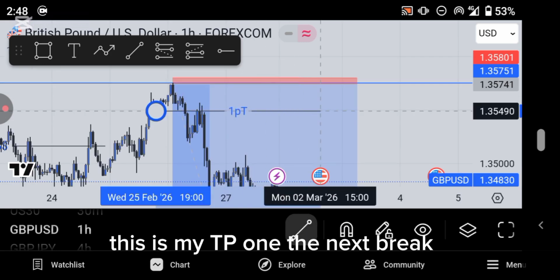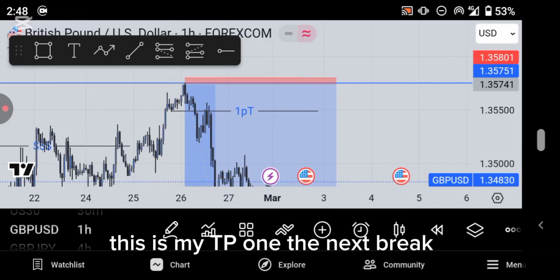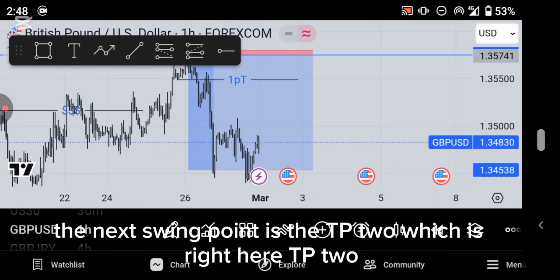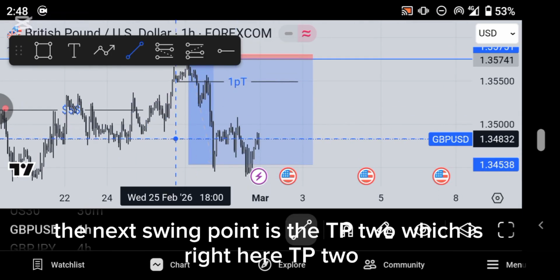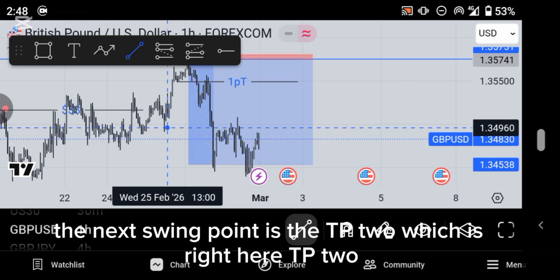The next swing point is the TP2, which is right here.